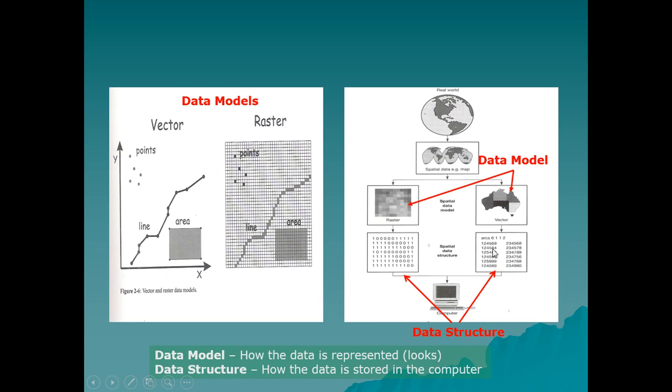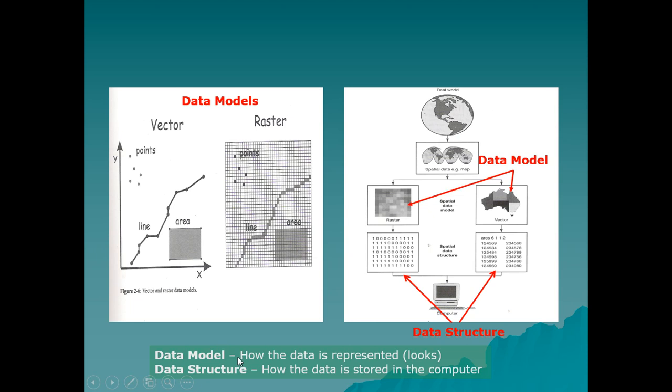We see a series of numbers. In a later lesson you will learn a little bit more about that to understand what those numbers mean. So these are our data structures. Again, we are reminded that the data structure is how the data is stored on the computer to allow the computer to reconstruct the data into the appropriate data models.